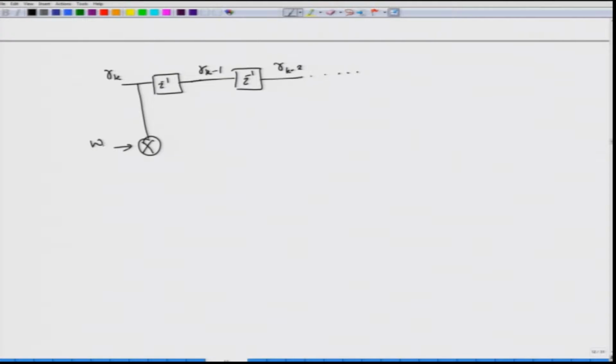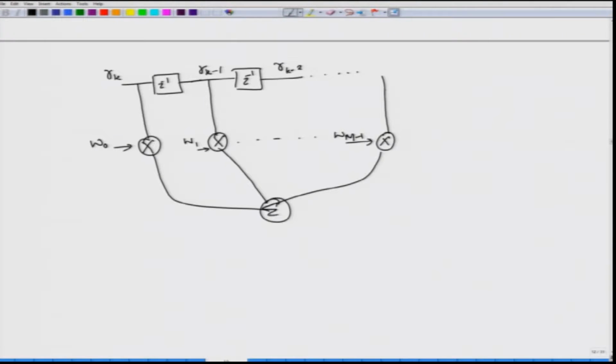So, this is W0, this would be multiplied by W1 and so on, and this would be multiplied by W of m minus 1, where m is the length of the filter that we have taken, and the output is all combined to give you the value of Rk.